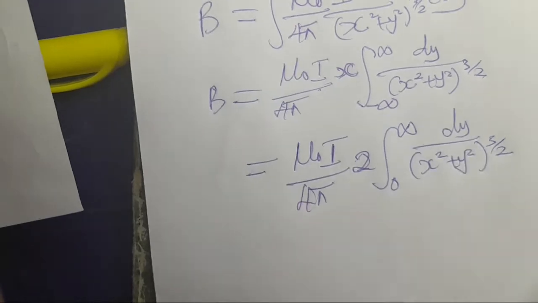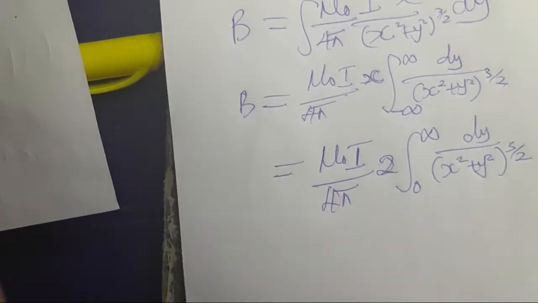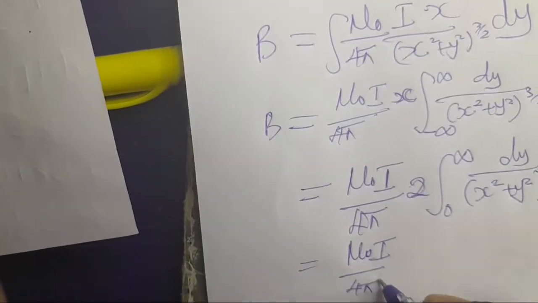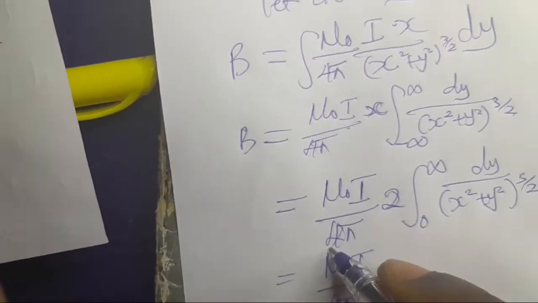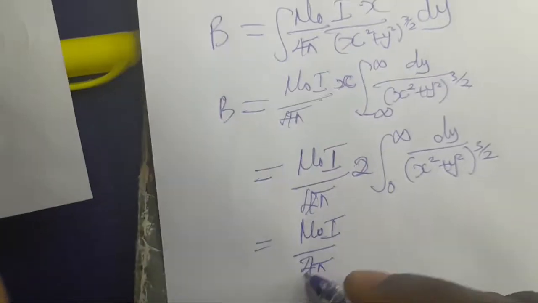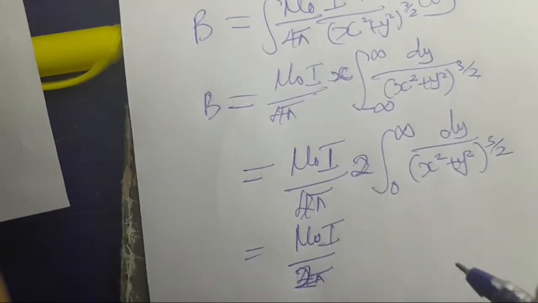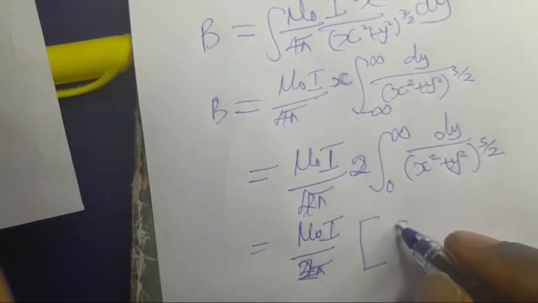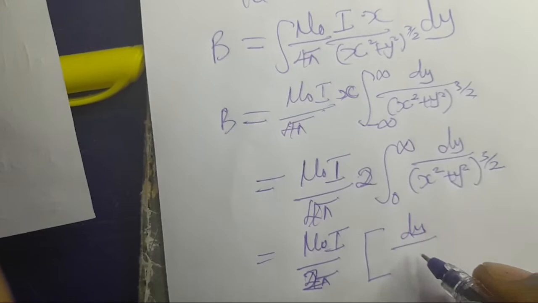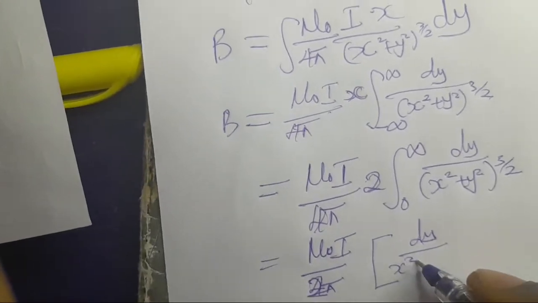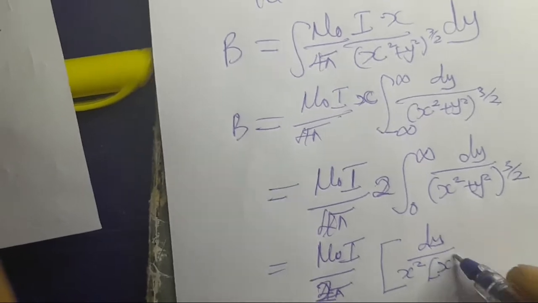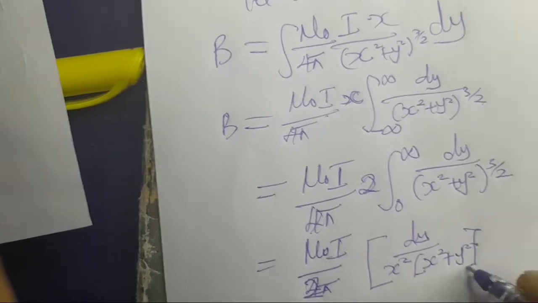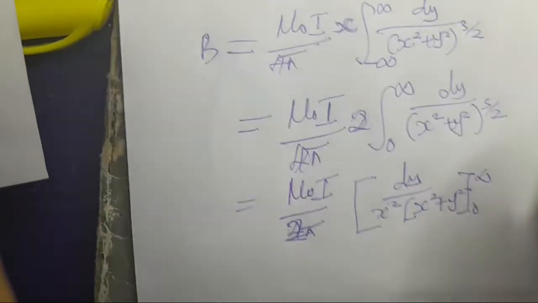So from here, let us now integrate. When we integrate this, we are going to have this over 4 pi. Of course, the 2 enters here, so it becomes 2 pi, times dy over x squared, and there we go.